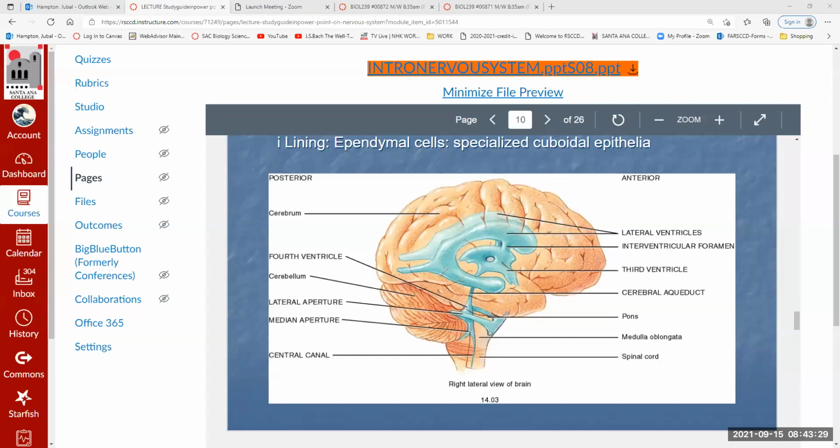It's full of CSF, and the structures that create the CSF are called the choroid plexi, covered with ependymal cells, which are a specialized cuboidal epithelium. And the CSF is created from a distillate of your own blood. So CSF comes from your own blood. And it's this fluid that keeps your brain and spinal cord floating in its cavities, much like a fancy, pretty goldfish in a bowl. Without that fluid, the brain would collapse in on itself.